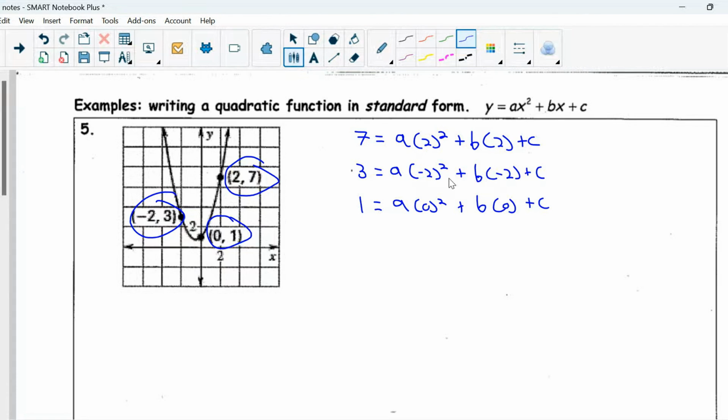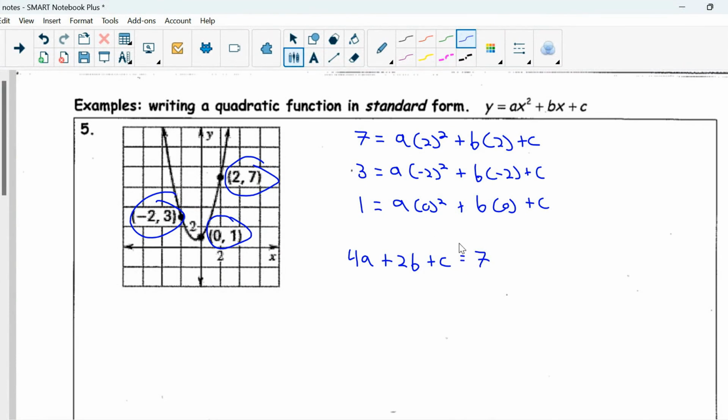From here, let's go ahead and write this as a system of equations. To do that, I'm going to simplify this mess that I have on the right side. And also, just to keep it uniform, I'm going to move my equal sign to the other side. So right here, I have 2 squared, which gives me 4a plus 2b plus c equals 7.